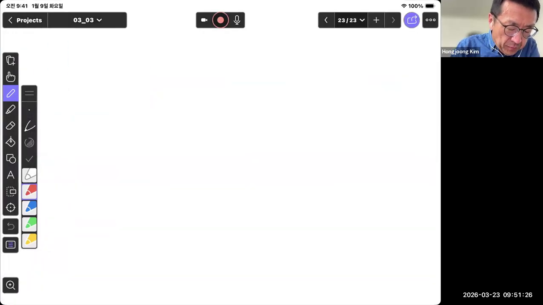One more example. Say I have sine 2x over square root of x, as x goes to 0.